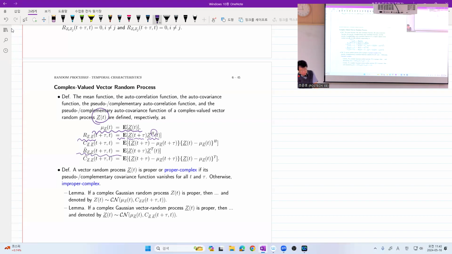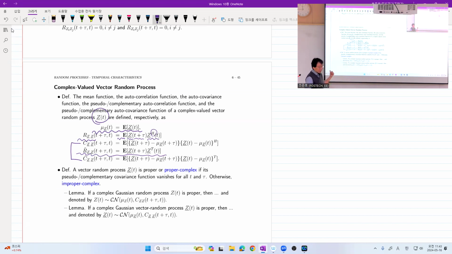And we again have the complementary autocorrelation function. Similarly, we have the autocovariance function and the complementary autocovariance. Of course, you can use t1 and t2 to define this, and that is sometimes much more straightforward and important. However, if you want to work with wide-sense stationarity, t plus tau and t gives you a better representation.